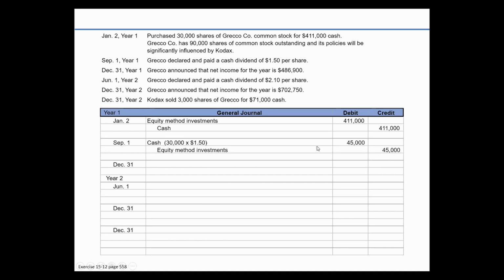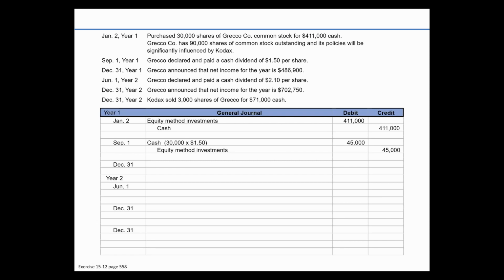Again, the accounting here is a little bit different, because since this is the equity method investment, they actually own a major part in the company. And so they actually have a lot of influence over the Greco company.